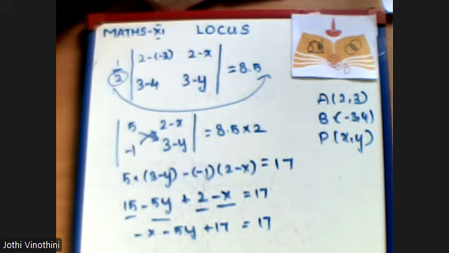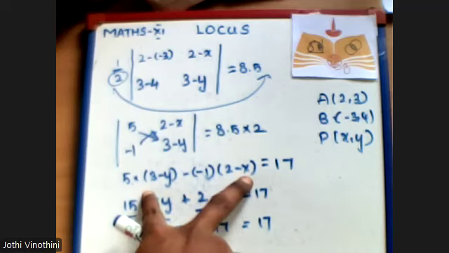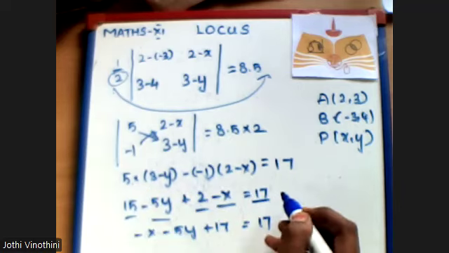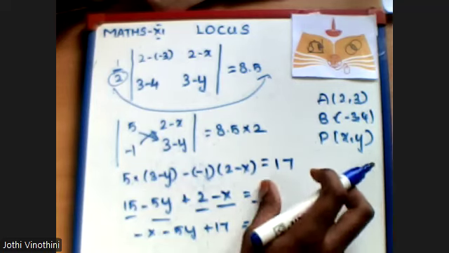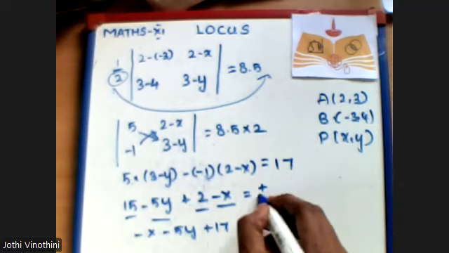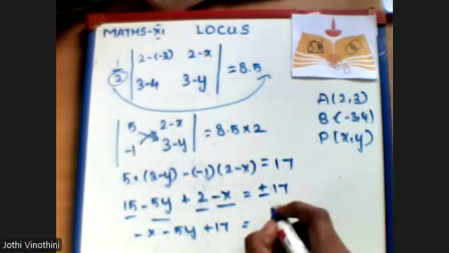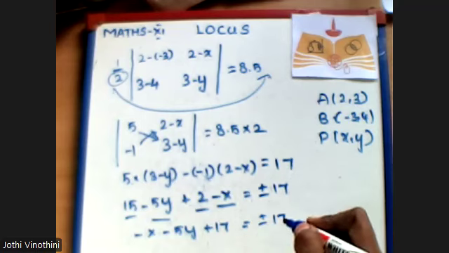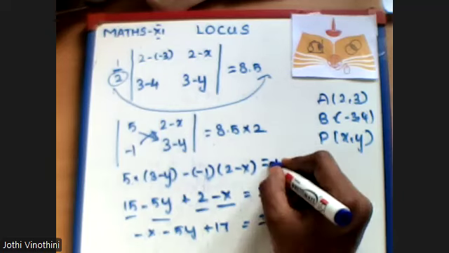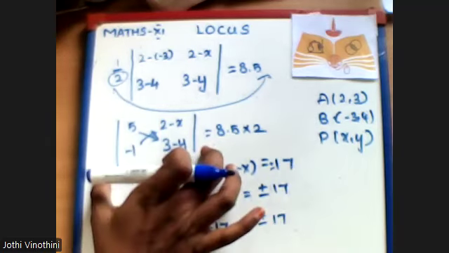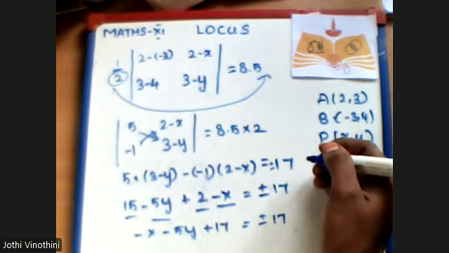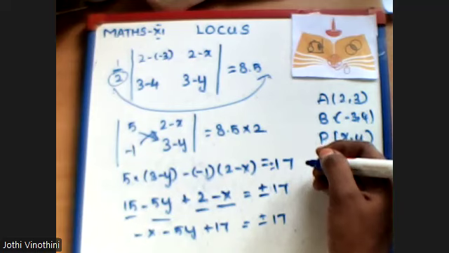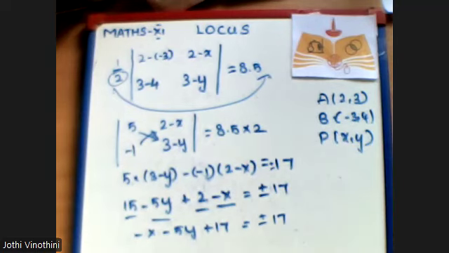When we are solving this modulus, this side will become positive or negative. Clear? So this will become plus or minus 17 and here also it will become plus or minus 17. While solving the determinant, the other side will become either positive or negative. So copy this so that we can solve the next step.